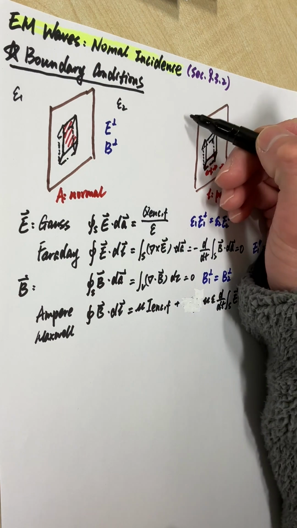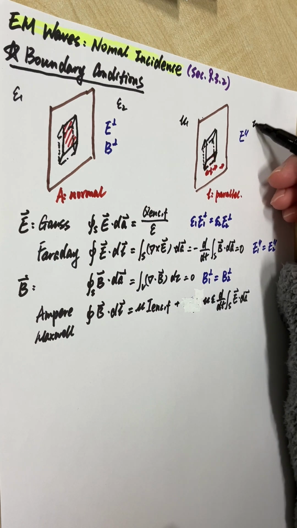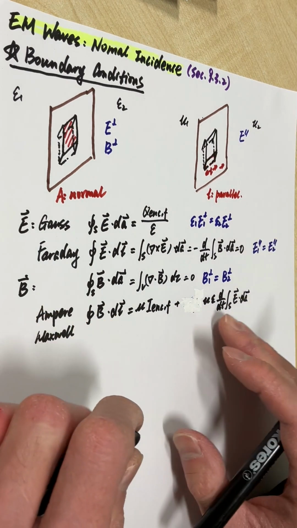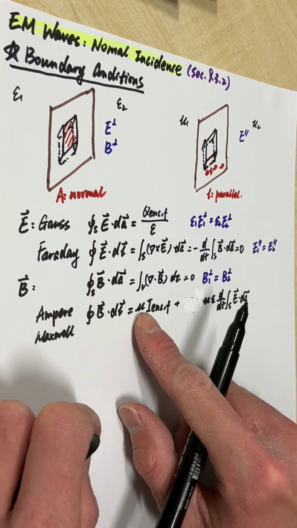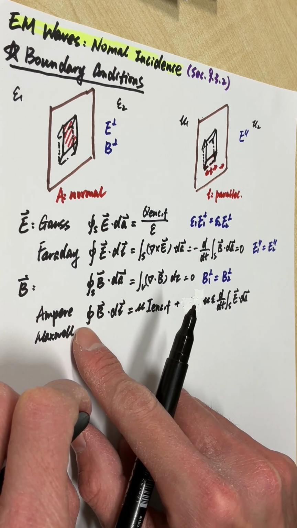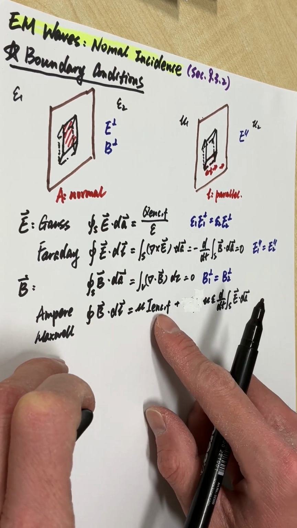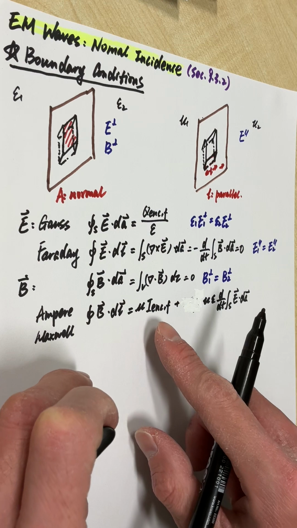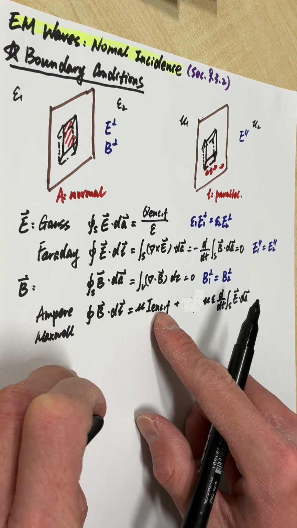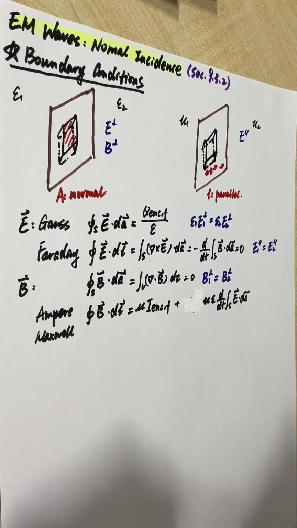So now mu1 and mu2 on both sides are different from each other. So we should move mu to this side, and B1, B2 are different. But they share something in common, which is the free current enclosed.